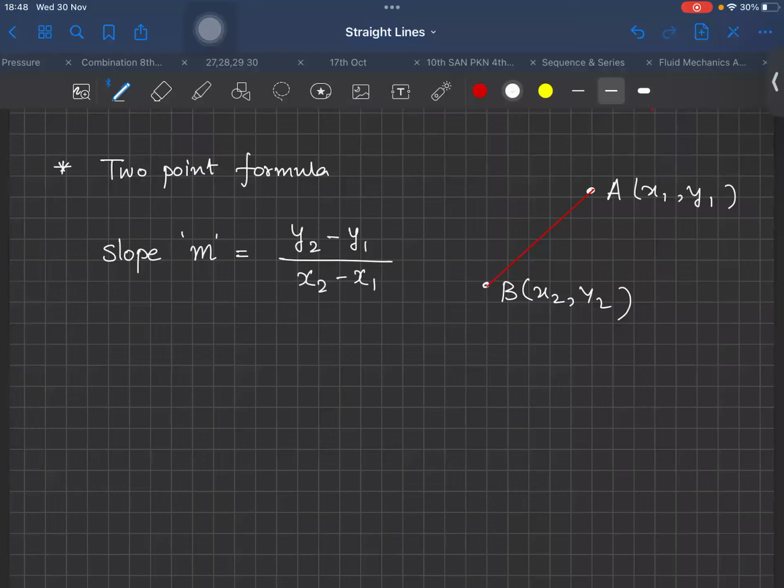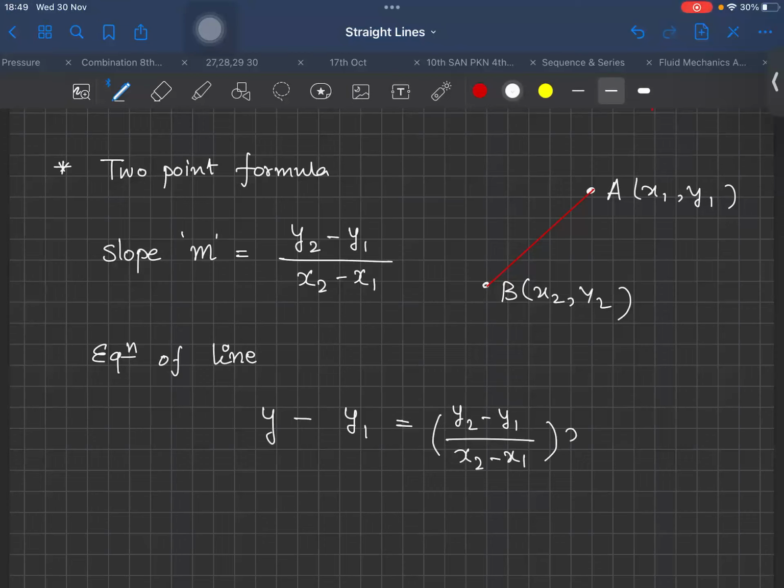Now, equation of line is what? y is equal to mx plus c, right? So we will try to convert this into that form. Write down the equation of line: y minus y1 is equal to y2 minus y1 upon x2 minus x1, multiplied by x.